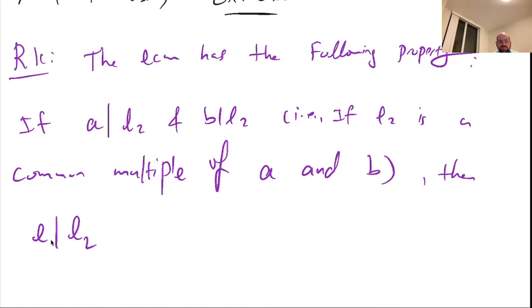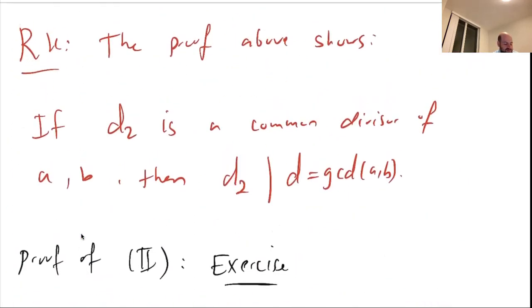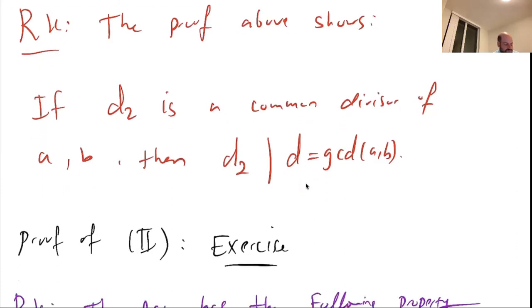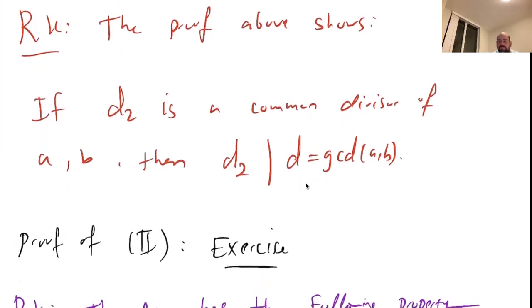Normally, if one number divides another, the first is less than the second, right? Let me tell you one way to remember this property. For example, think about 5 and 10. 5 divides 10, and 5 is less than 10. In the case of GCD, D was the greatest common divisor, and D2 was less than that, so D2 was dividing D. I'm just telling you a way to remember.